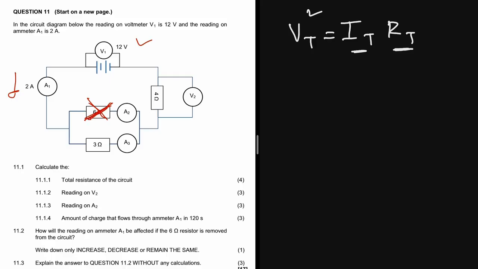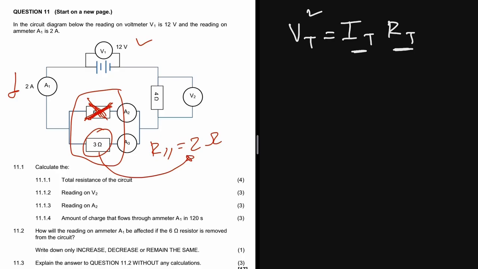By removing this resistance that is in parallel, we are actually increasing the total resistance. Because if these are in parallel, to calculate their total resistance, we got 2 ohms, as we have calculated. But once we remove it, we are going to be left with these 3 ohms. Do you see now 3 ohms is bigger than 2 ohms of the parallel resistance? So therefore, the total resistance is going to increase.